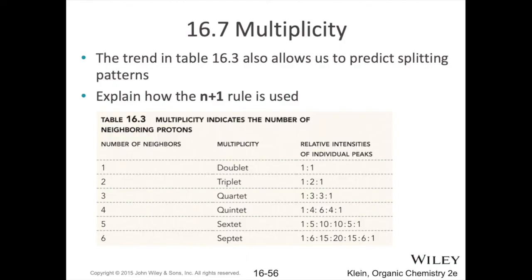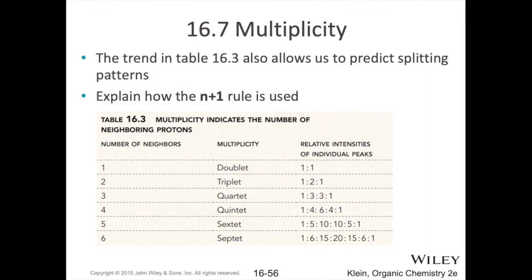So where do we see the different types of multiplets? Again, it depends on how many equivalent protons are causing the splitting. In the scenario where we had a hydrogen A and a hydrogen B, we got a doublet, because we had 1 neighboring proton. Looking at the signal for hydrogen A, it has 1 neighboring proton, hydrogen B, and that split it into a doublet.